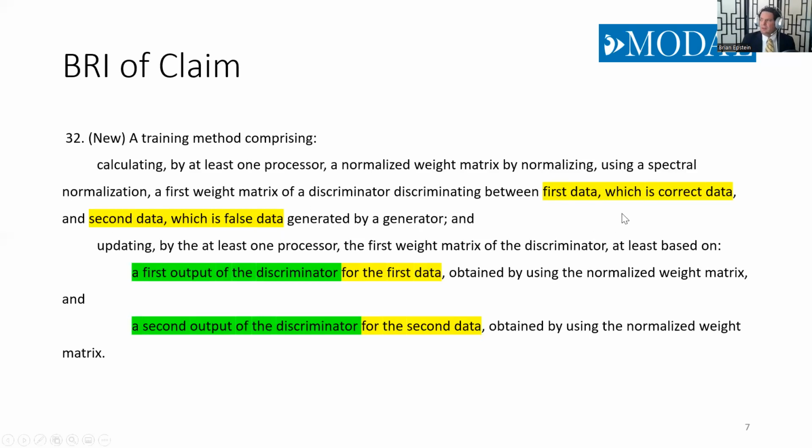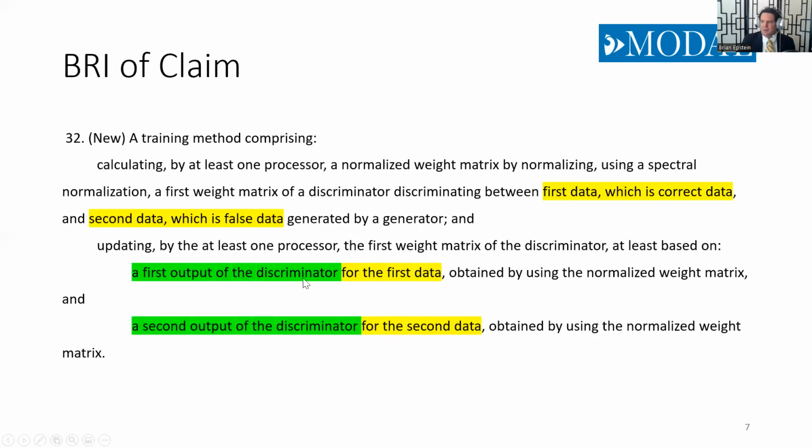All right. This yellow highlighting illustrates first the definition and then the application of the first and second data. Okay, we're not really going to focus on defining the first data as correct or the second data as false. Rather, our concern is defining the bases for the weight matrix as being outputs for the first data and for the second data, right?